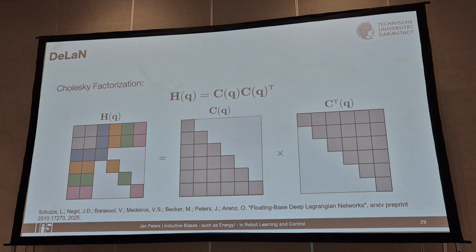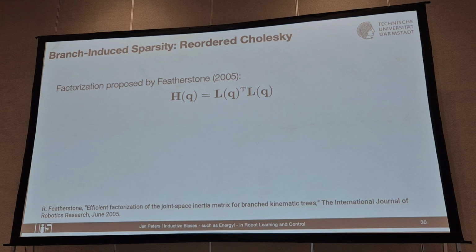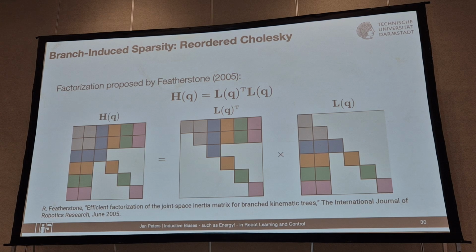Because now we can decompose our inertia matrix into a model which is used twice by Cholesky factorization, originally proposed by Roy Featherstone, which gives us something incredibly sparse in the number of elements that we actually have to learn.